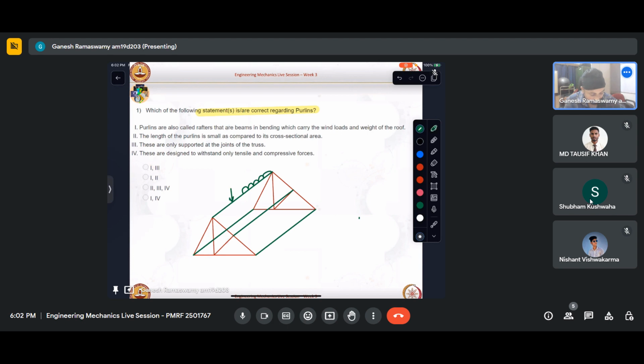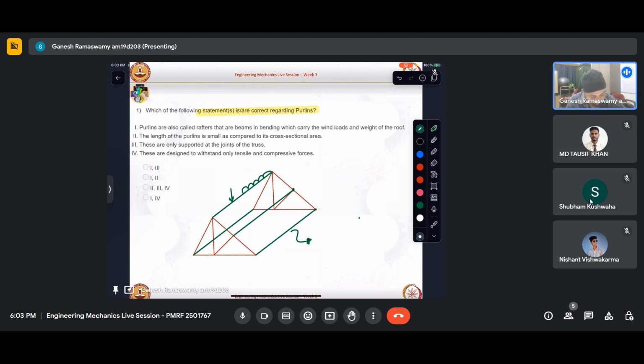So these elements essentially behave like beams, which is they take transverse loading midway within the span also, and they successfully deliver it to these joints of the trusses. So when we see a truss which has loads applied, those loads are getting transferred to that truss using these members only.